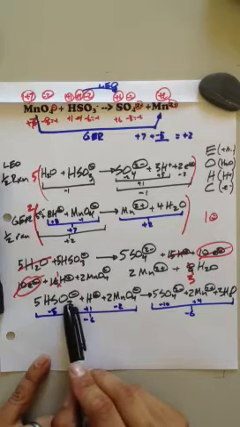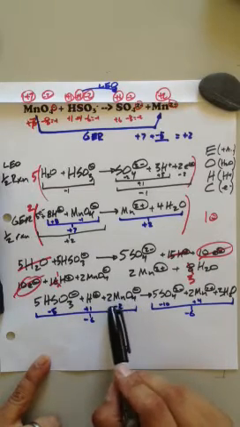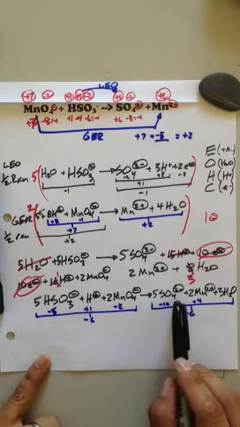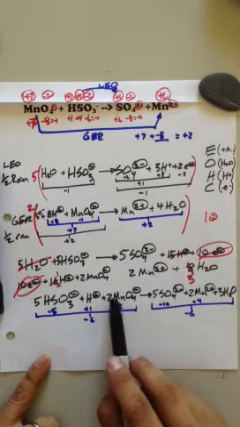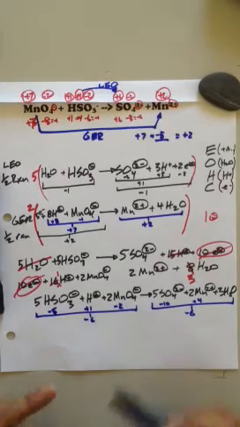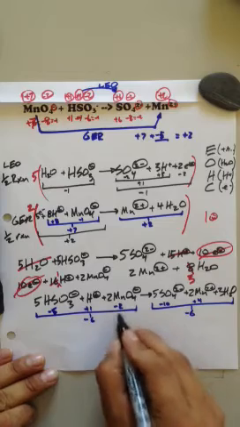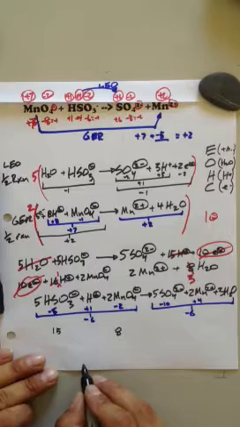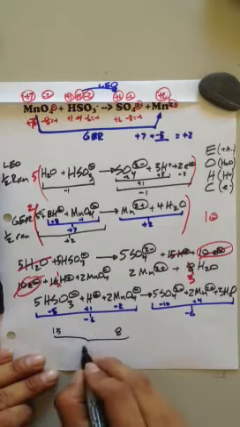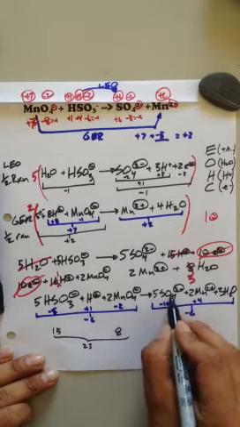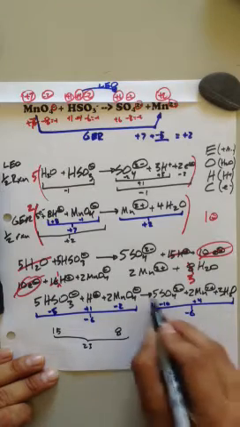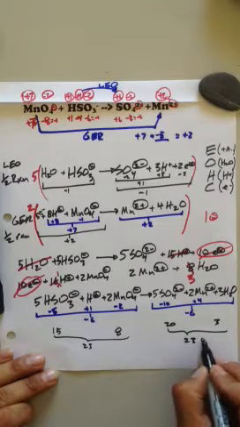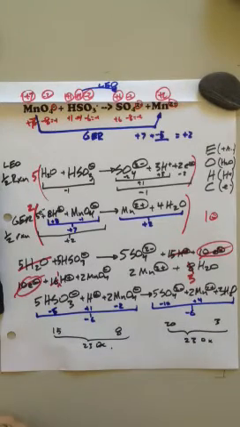Oxygens, 15 oxygens plus 2 times 4 is 8 oxygens. I gotta slow down. 4 times 2 is 8 oxygens plus 15 oxygens, and that is equal to 23. Over here, there's 20 oxygens, 5 times 4, and 3 oxygens. 23 oxygens. So the oxygens are balanced. Everything's good.